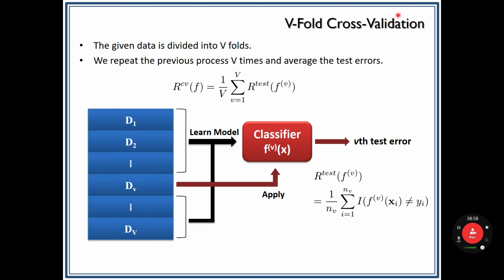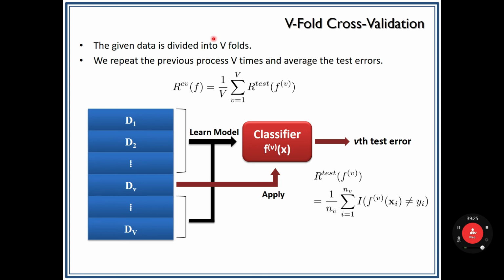What we do is the given data is divided into V folds. V is your choice. It's up to you. So you can divide a data set into 5 folds, 10 folds, 15 folds, or 20 folds. It's just up to you.